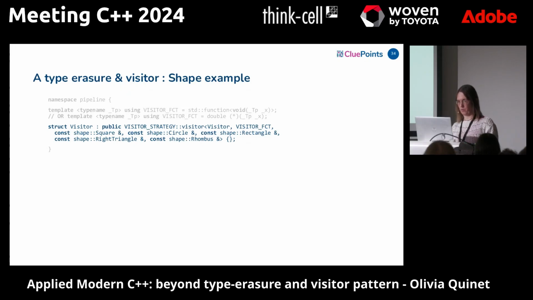The type of visitor function we are going to use can be a std function, it can be a function pointer too. If you can, it might be a bit more efficient to use that one. And then you declare all the classes that you are going to use in your pipeline for a given version. So every time you introduce a new shape, you have to modify the visitor. You have to update it.